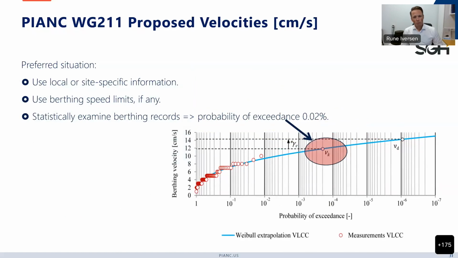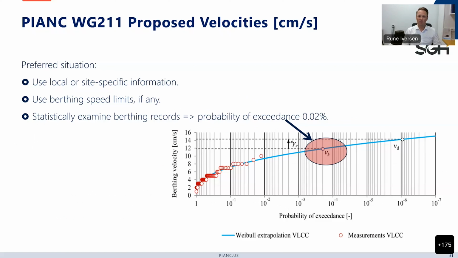So how are we proposing berthing velocities in Working Group 211? Well, the real preferred situation, and the recommendation, is to use local or site-specific information. If that data is available, it's always going to be better than the generalized berthing velocity curve that's been published by PIANC, no matter how well we collected that data.